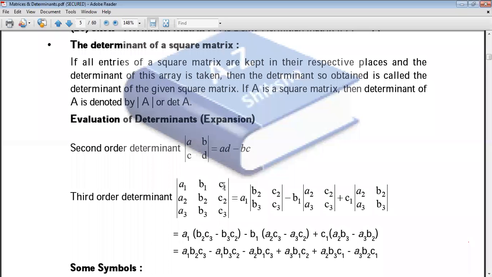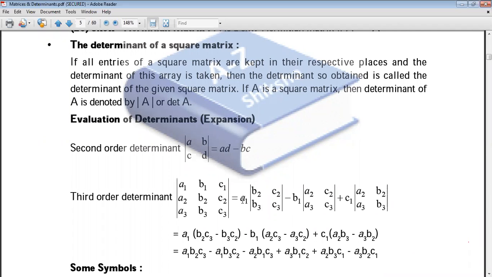So what is the remaining determinant? The remaining determinant is b2 c2 b3 c3. Again I am saying, you have to neglect the column and row in which a1 exists. Whatever determinant you get after that, you have to write here, that is b2 c2 b3 c3.